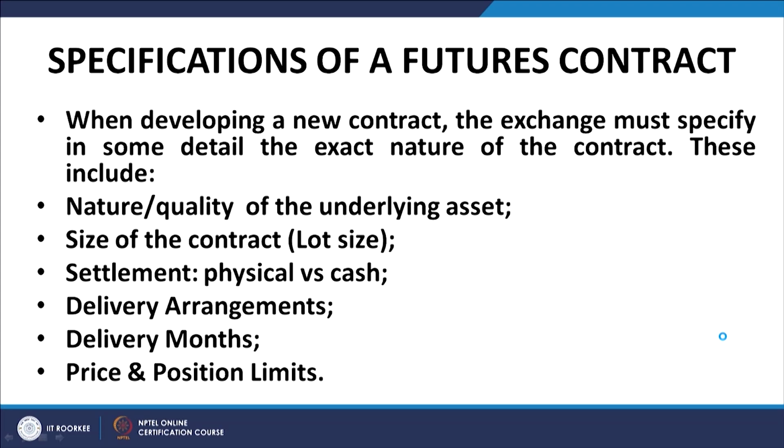If it is physical settlement, the delivery arrangements, the delivery months when the contract is to expire, and the price and position limits, if any, that are there to contain volatility within certain bounds.